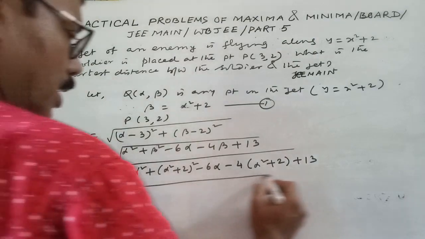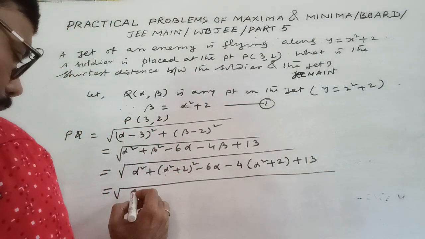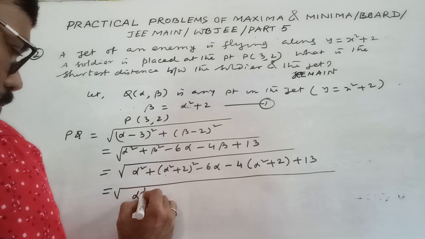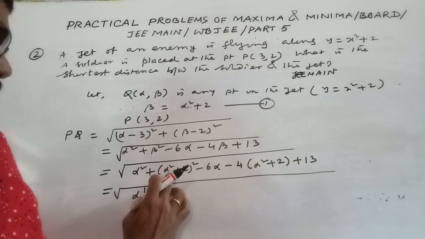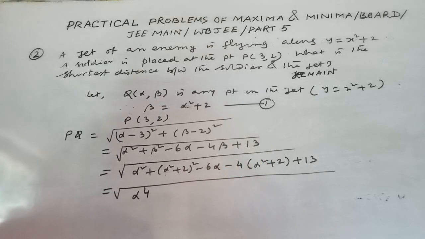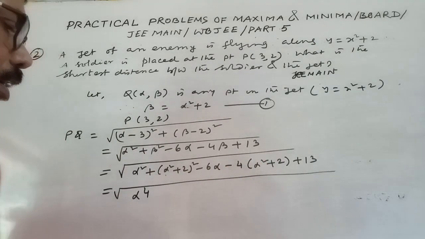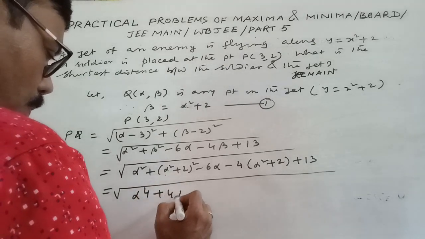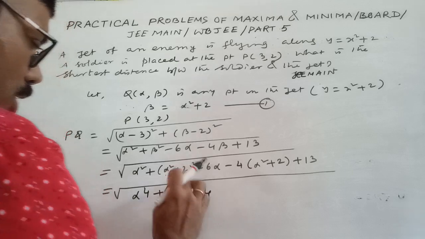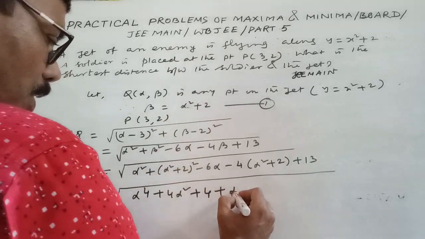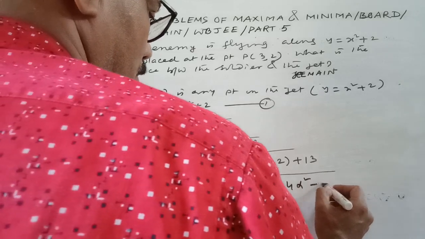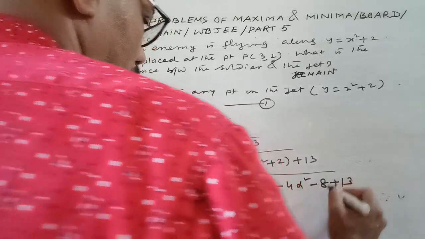So what we are getting, alpha to the power 4 plus 4 alpha square plus 4, plus alpha square minus 6 alpha minus 4 alpha square minus 8 plus 13.